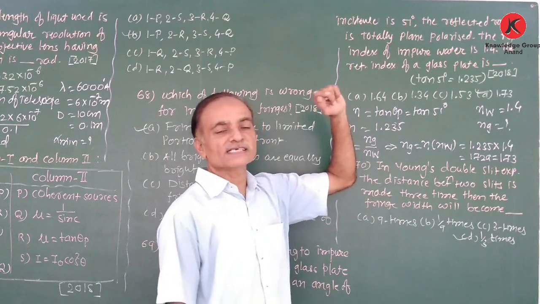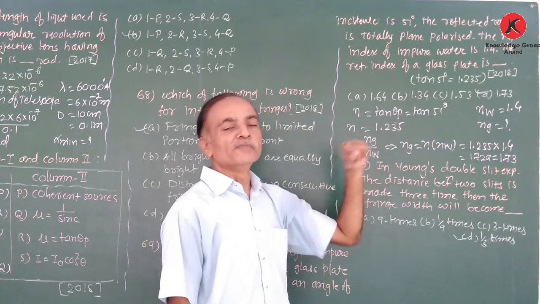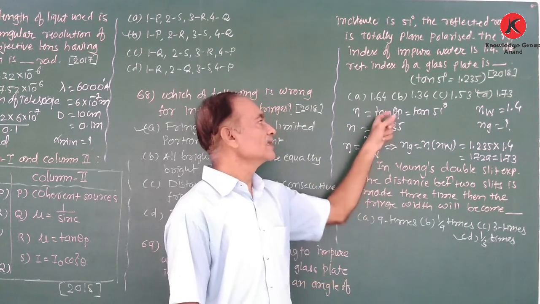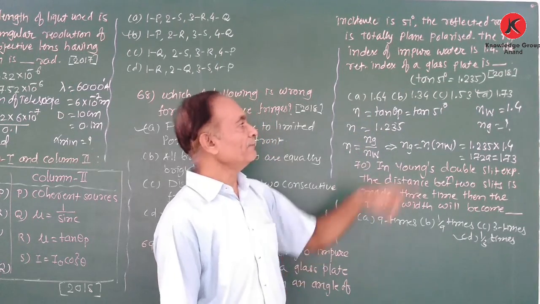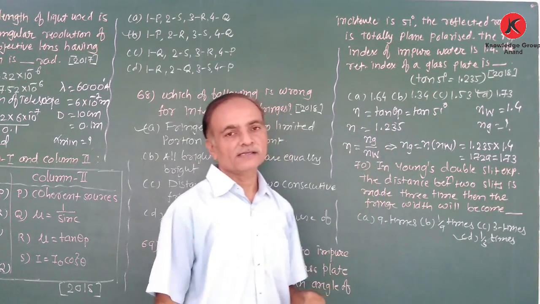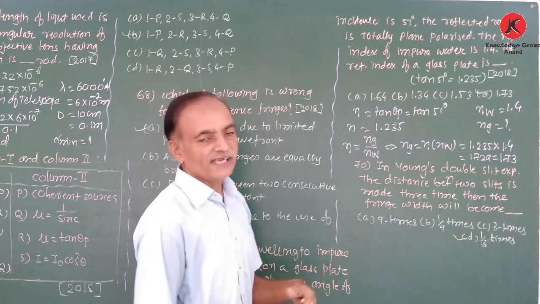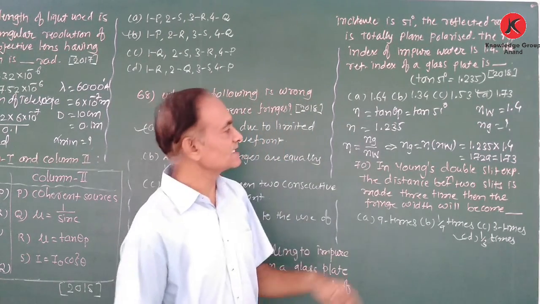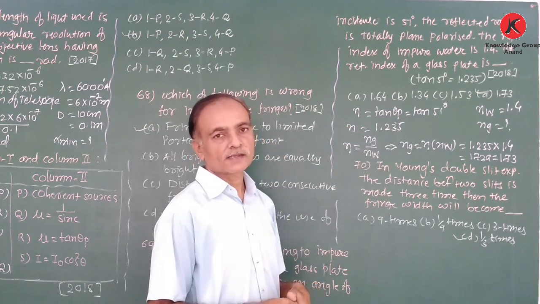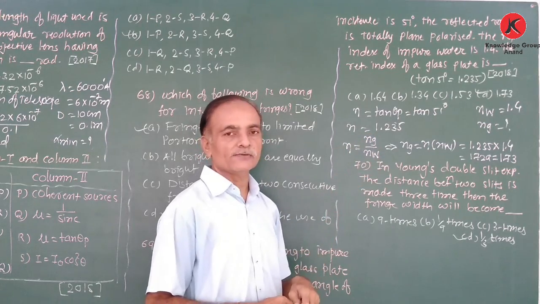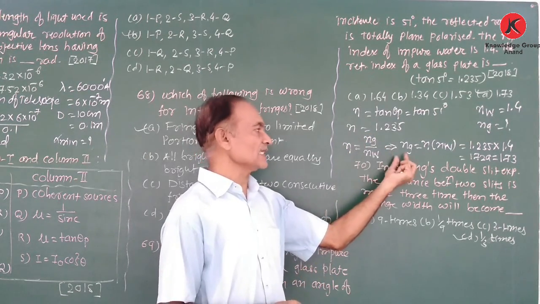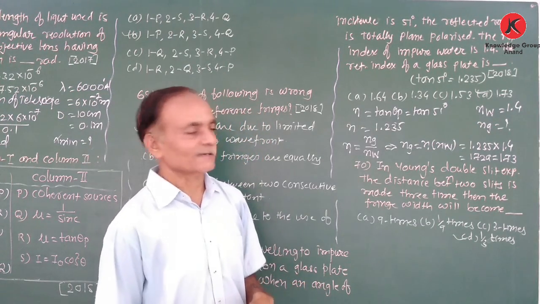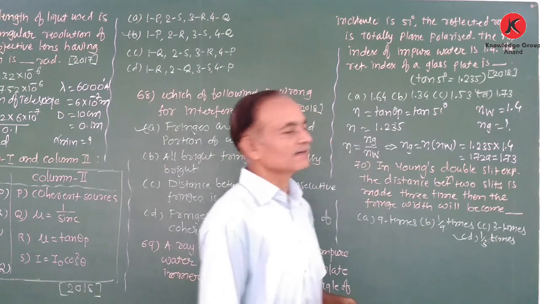The angle of incidence is given as 51 degrees. Therefore, n is equal to tan theta p, tan 51. The tan 51 value is 1.235. Thus, we obtain the refractive index of the medium with respect to impure water, because the glass is immersed in water. Therefore, n is equal to ng upon nw. We require the refractive index of the glass. Therefore, ng is equal to n into nw. Substituting the values, we obtain 1.7.